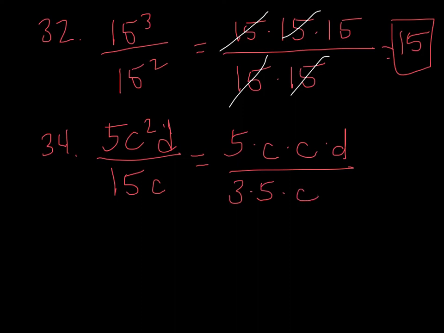Now I can go through and cross off. I have two 5s. There you go. A c and a c, but that looks like it. So on the top I have cd, and on the bottom I just have a plain old 3. So here's my answer.